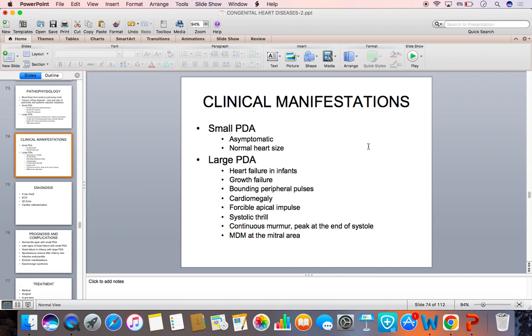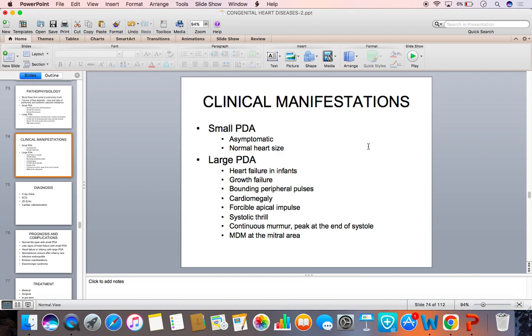That is, the murmur is continuous, starting with the first heart sound and increasing in intensity or loudness, and peaking at the onset of the second heart sound. And the murmur spills into the diastole, resulting in a machinery continuous murmur.